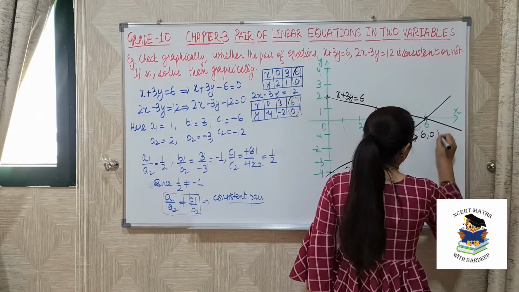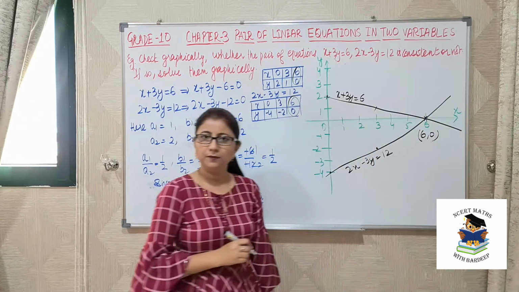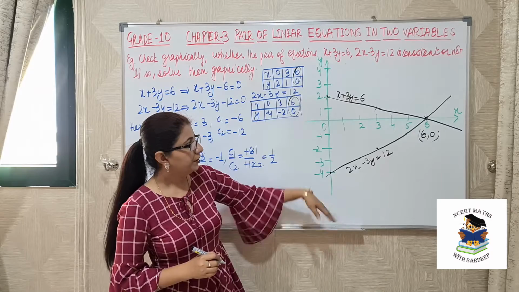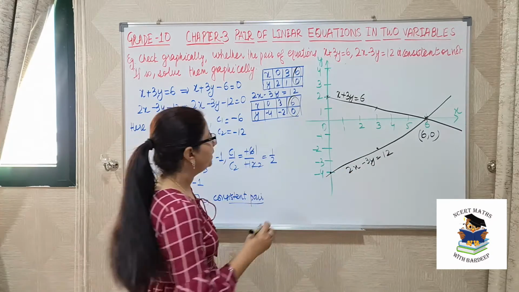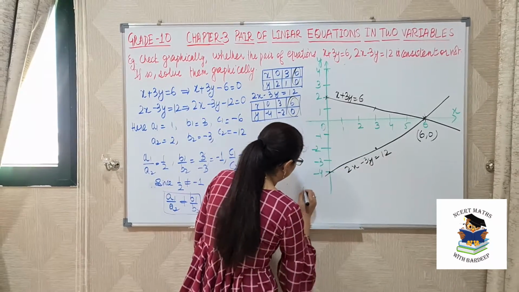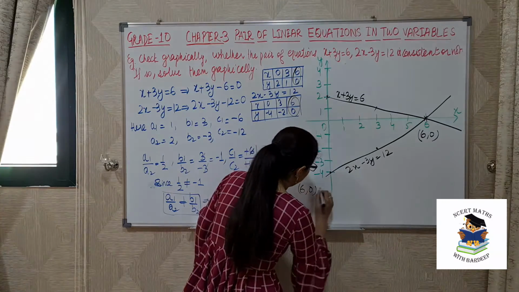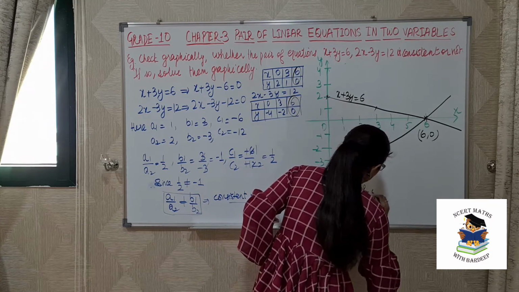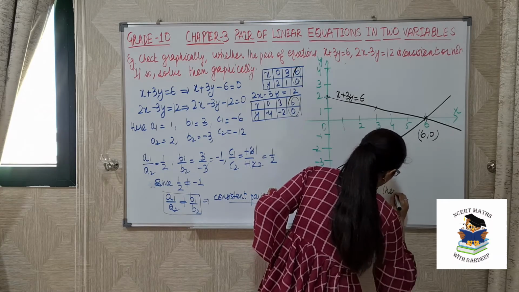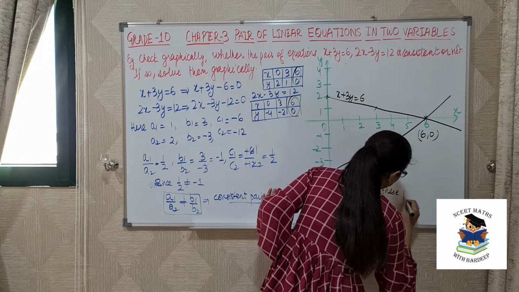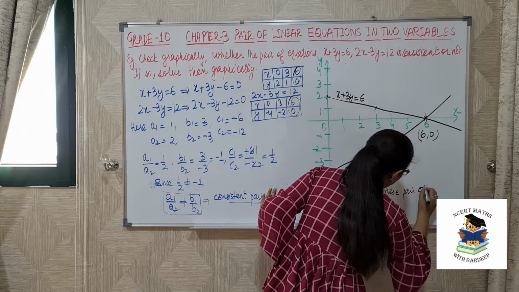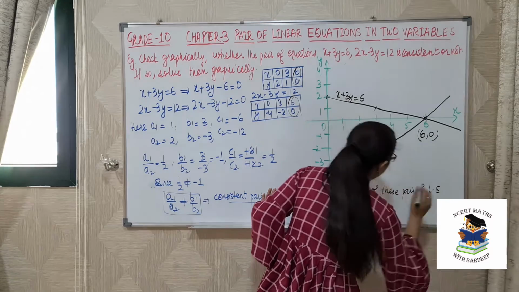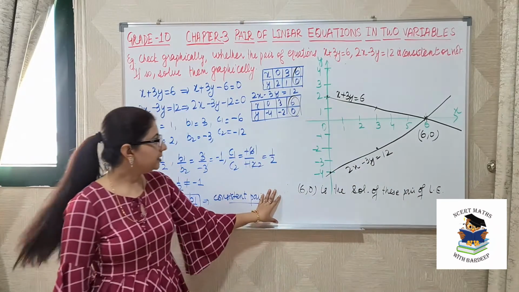That is (6, 0). Okay. So what is the solution? We will say that therefore (6, 0) is the solution of this pair of linear equations. I hope this is clear.